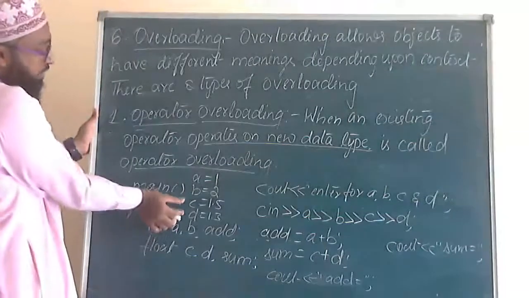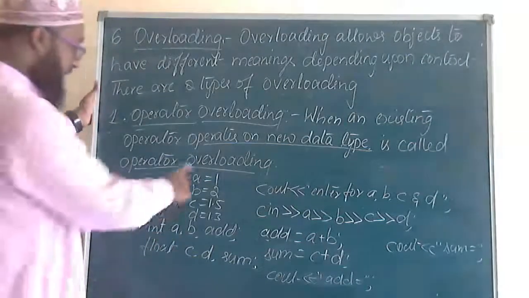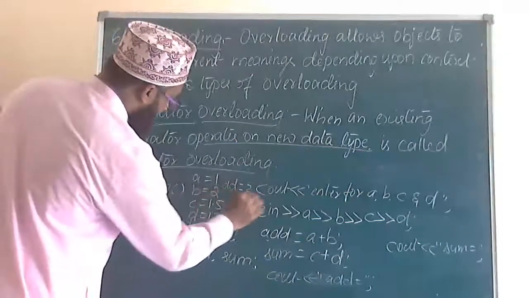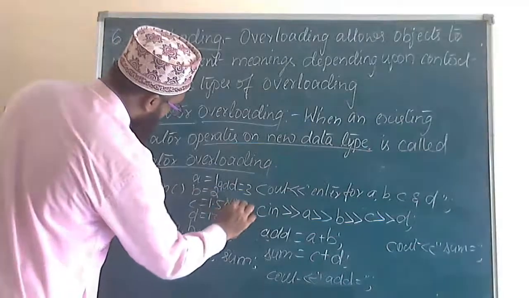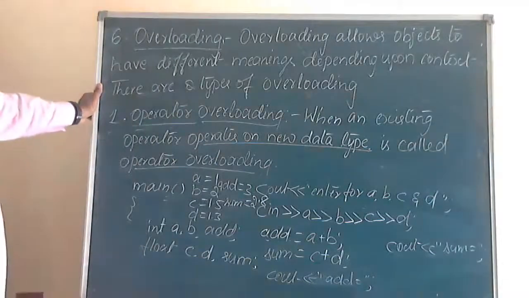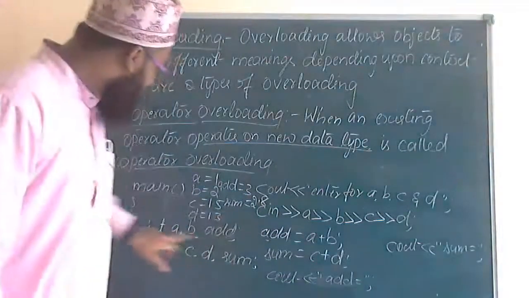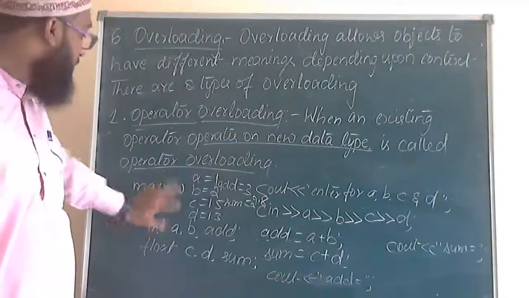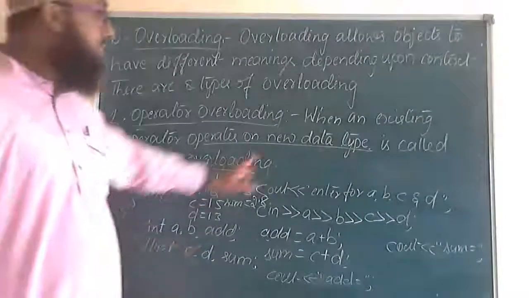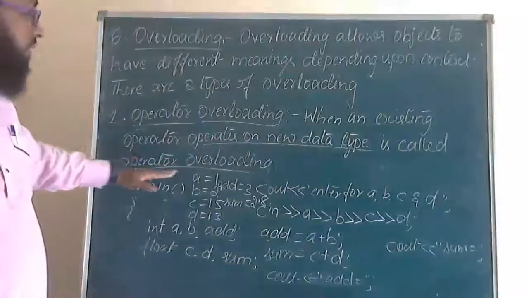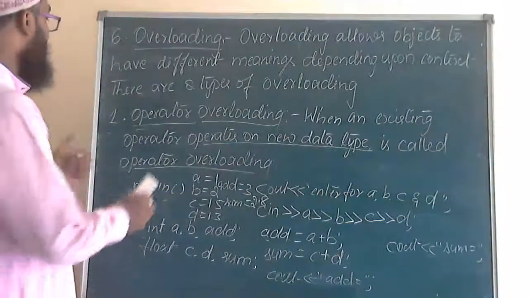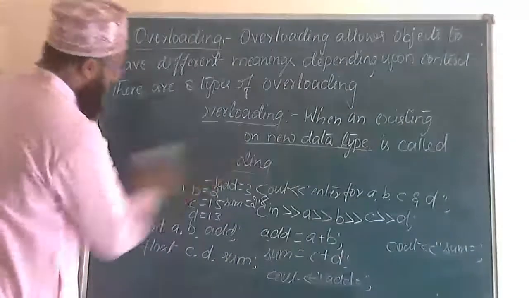Then it will display add equals 1 plus 2 is 3, then sum equals 2.8. This is called operator overloading using integer type and floating type. The integer type is present, and the operator is operating on a new data type, that is float data type. So this type is called operator overloading. Next comes the second thing, that is function overloading.